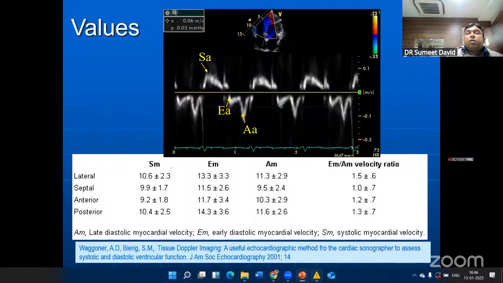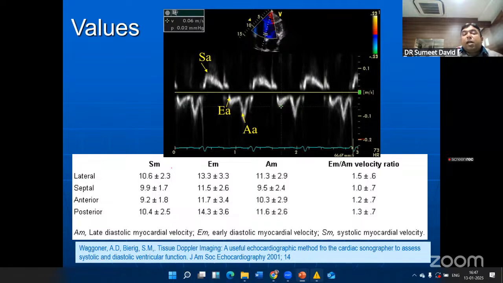So these are the areas. We can use the lateral, septal, anterior and posterior areas of the apical 4-chamber view. So here they have taken the septal area. We can take the lateral part of the LV. We can take the septal part of the LV.